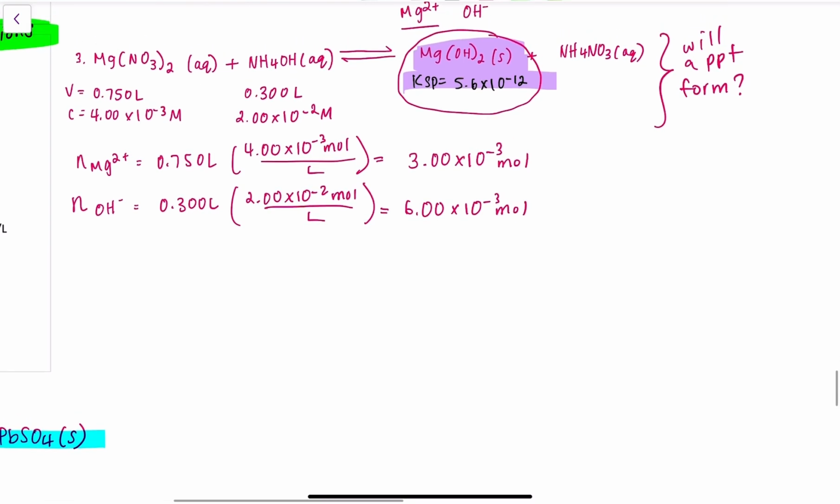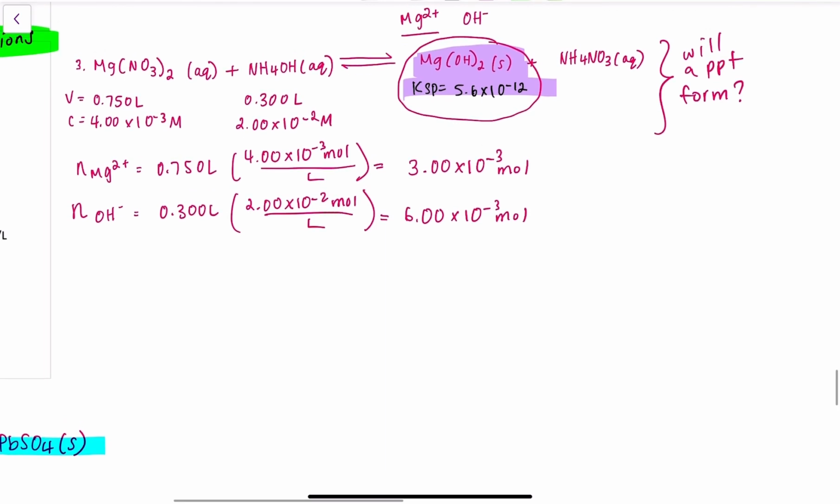Now that I've gotten the mole amount for each of my ions that will form a solid, I will now find the concentration for each, because when we're looking at KSP, we're interested in the concentration of the ions, not the moles.